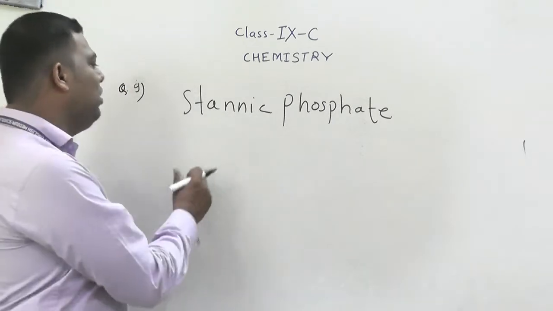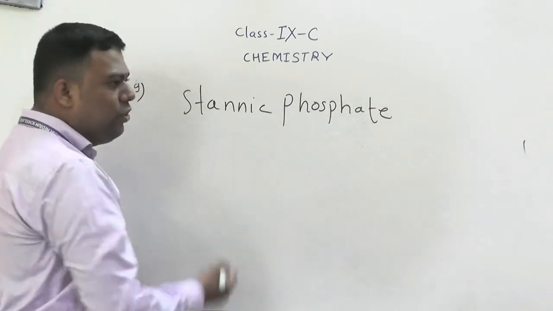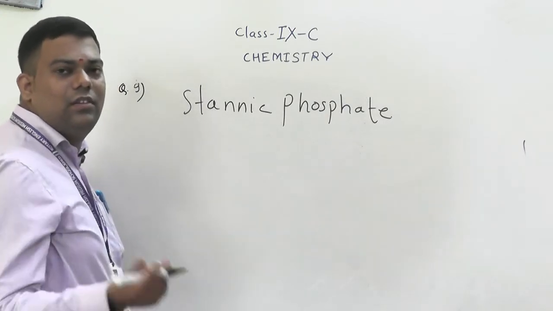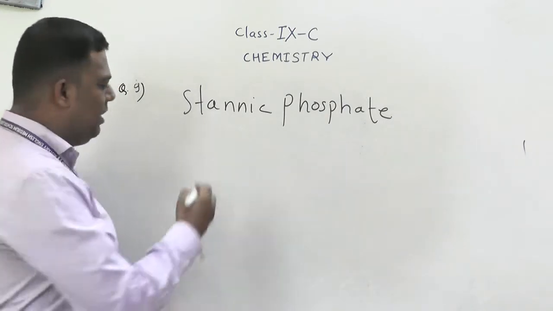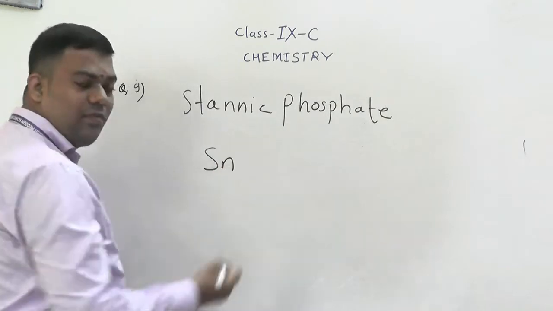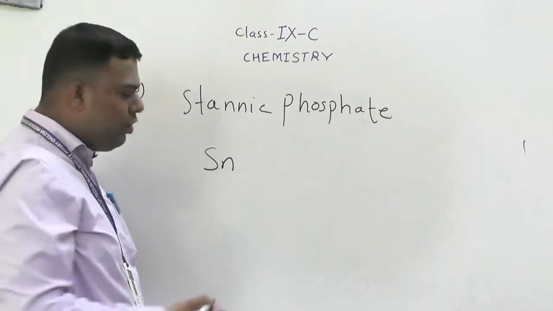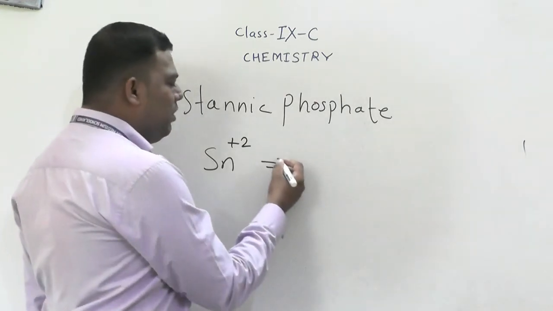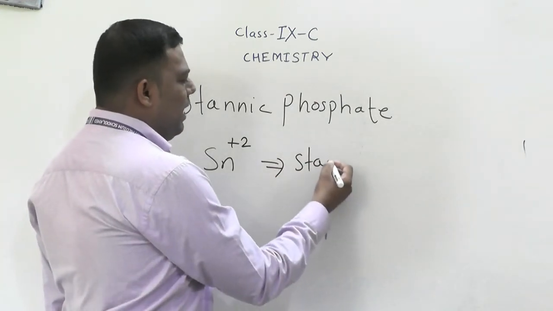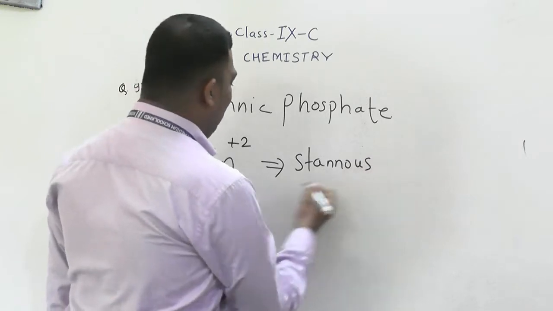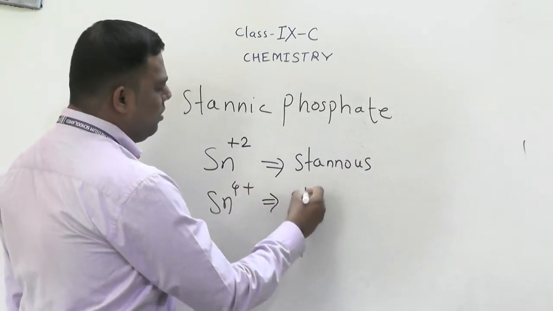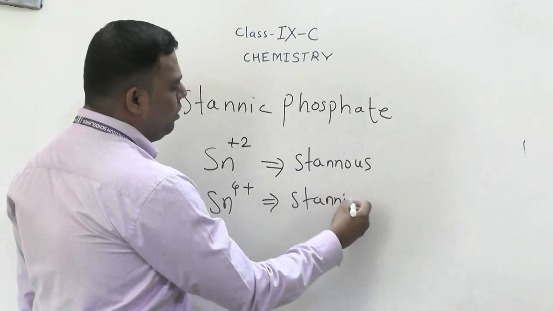Stannic means tin, whose symbol is Sn. Keep in mind that Sn2+ means stannous, and Sn4+ means stannic. You must know this.